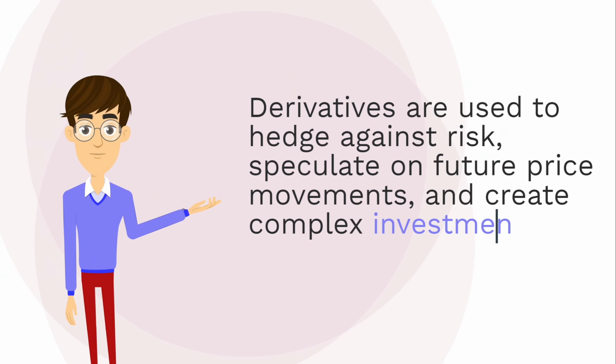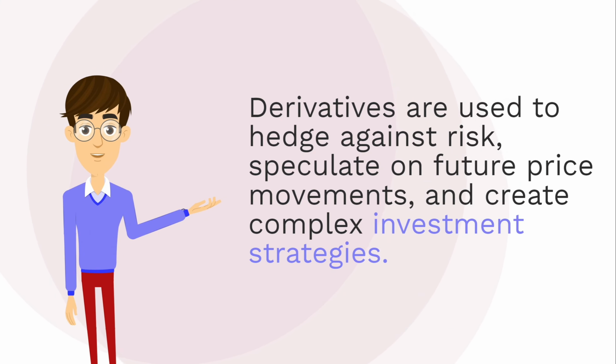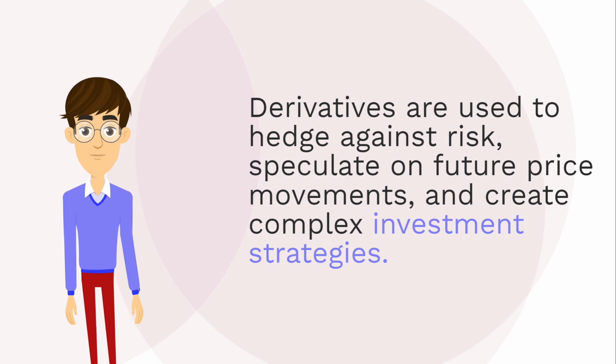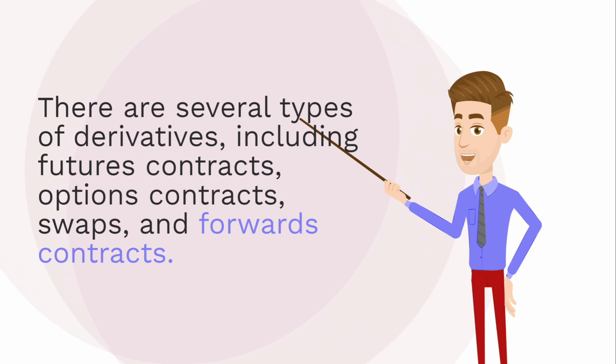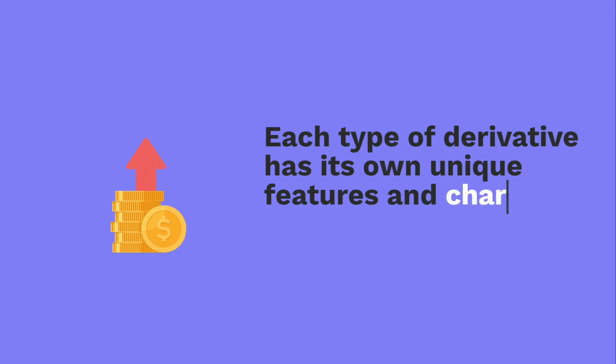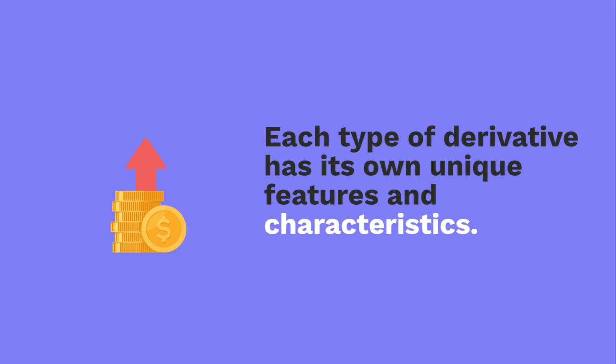Derivatives are used to hedge against risk, speculate on future price movements, and create complex investment strategies. There are several types of derivatives, including futures contracts, options contracts, swaps, and forwards contracts. Each type of derivative has its own unique features and characteristics.